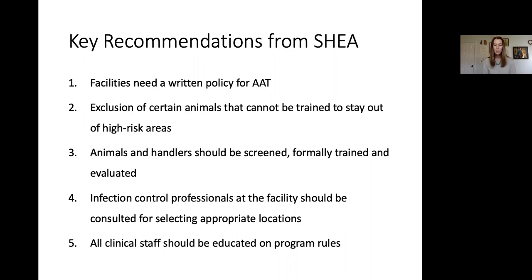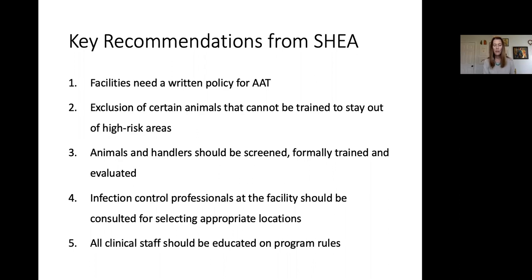And that's because we can't ensure that all species of animals can be called on command. Not all of them can be leash trained. And so we want to make sure that we have animals that we can control where they go and where they don't go, as well as being able to make sure that they are secured. And that's going to protect the animal as well as patients.